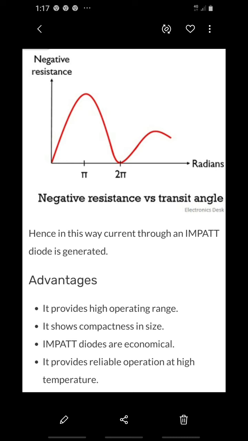The curve shows negative resistance on the x-axis and the angle in radians, that is pi and 2 pi, on the y-axis. Hence, in this way, current through an impact diode is generated.